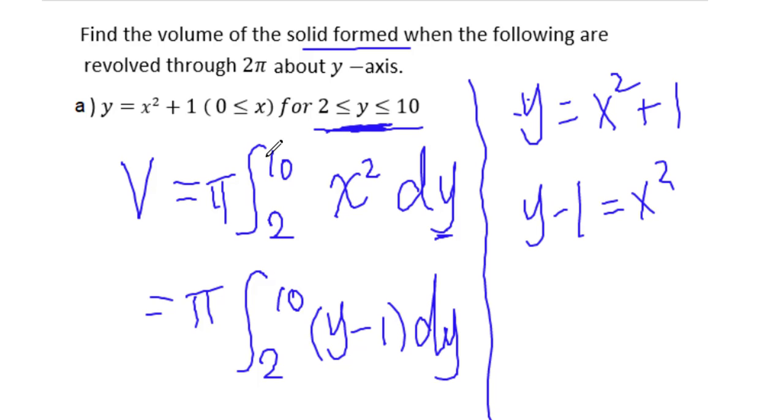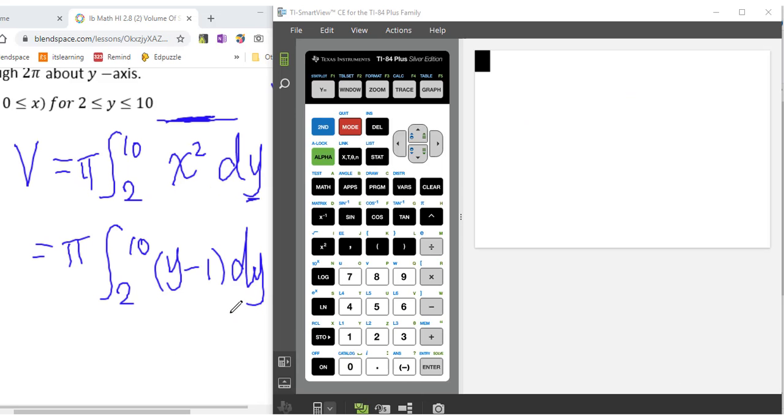Then we will put this into the graphing calculator. When you put this into the graphing calculator, you need to change every single y into x. Since y minus 1 is a very simple function, I directly go to the main screen.